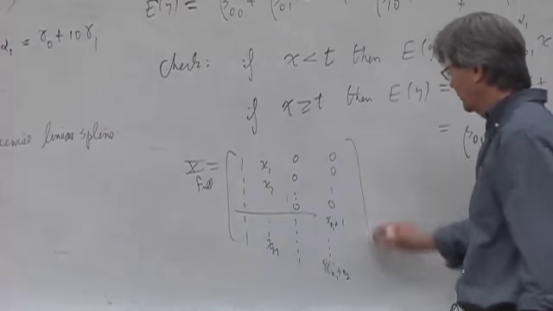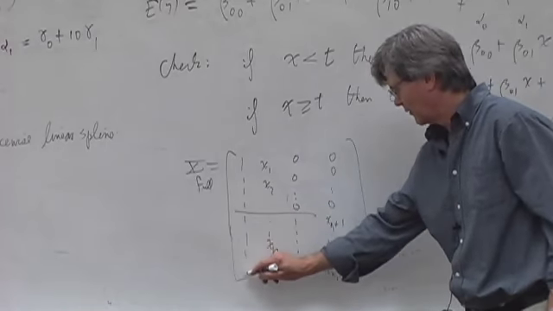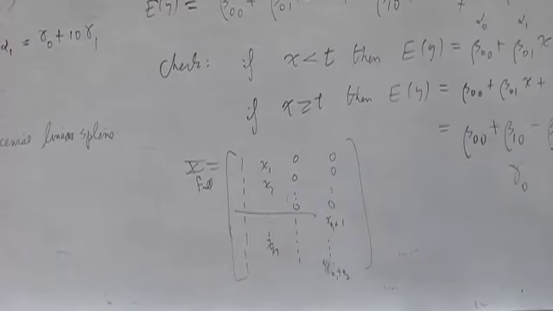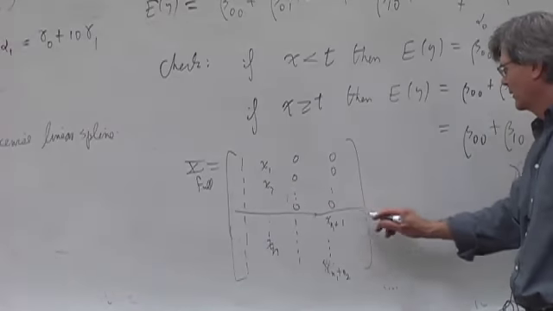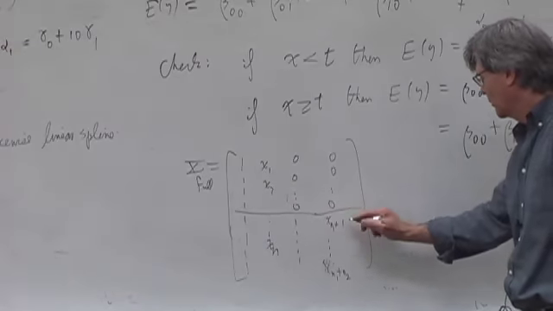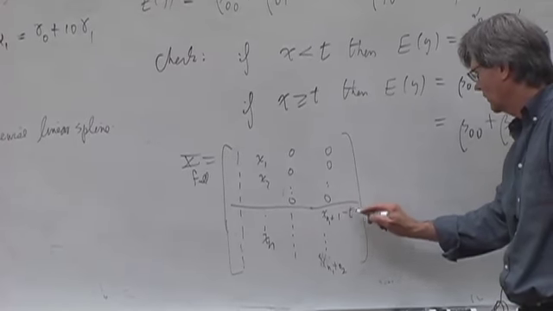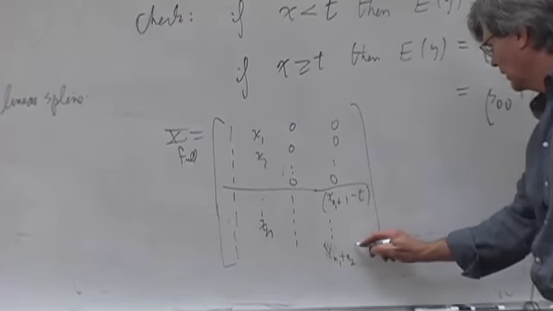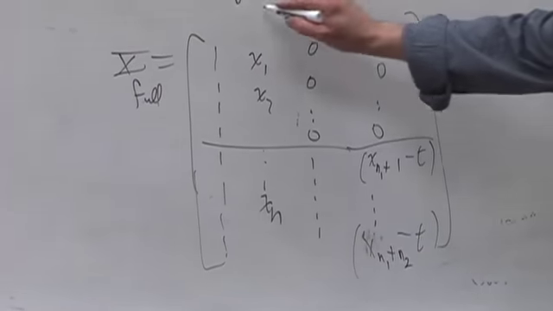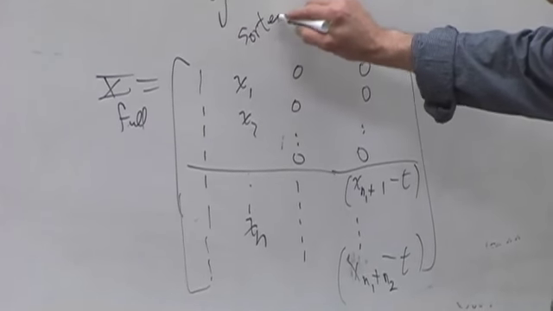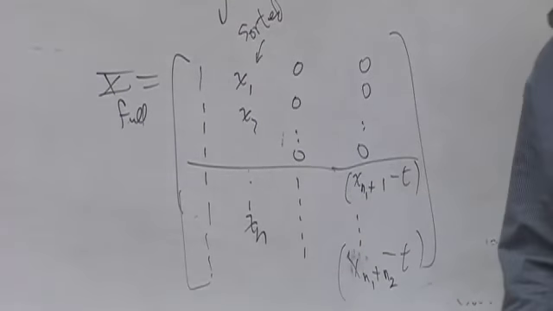So that's how we worked with it last time. We wanted some notation to indicate the breaking point, so actually this is x minus t in this case. The x's were naturally ordered, sorted in this example.